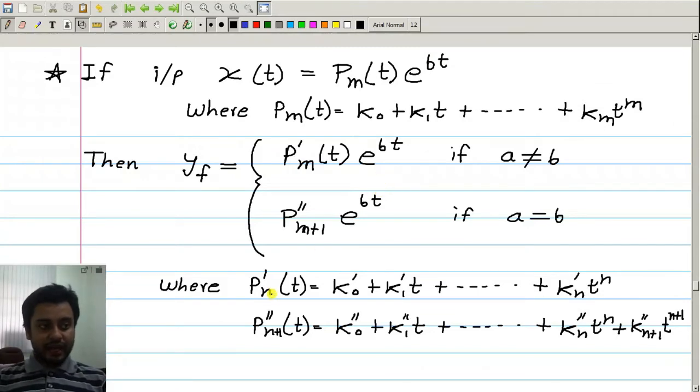Here Pm is a polynomial like this, and Pm plus 1 is another polynomial like this.